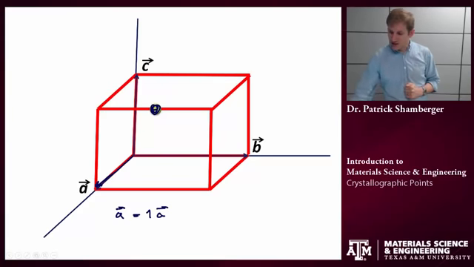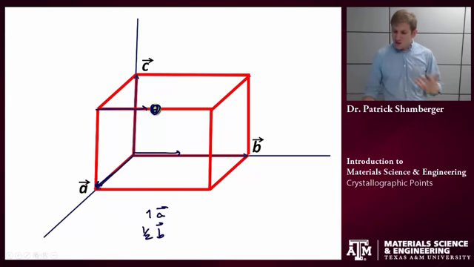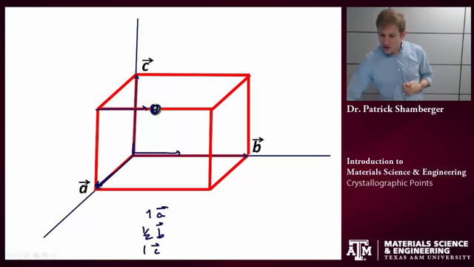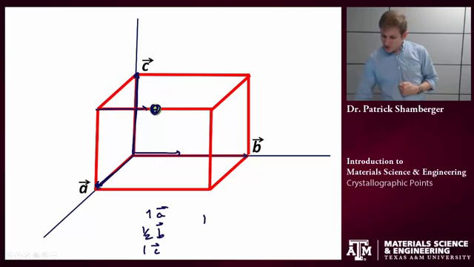The magnitude of the direction in B is about 1/2. And the direction in C is, again, 1c. So this is 1 times the vector c. And so again, the position of this particular atom is going to be 1, 1/2, 1.